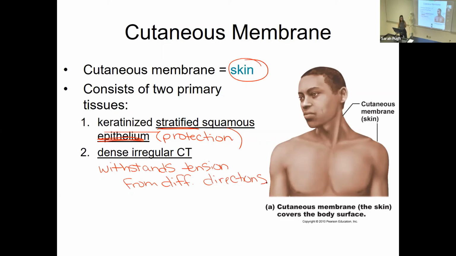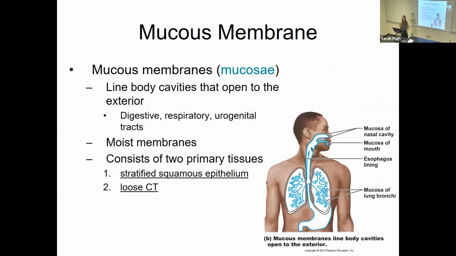Okay, so a dense irregular connective tissue right underneath that stratified squamous epithelium means that now your skin can withstand a lot of tension from different directions. Again, remember, if we put too much tension on it, that second layer can tear. We see it as stretch marks. We're going to talk way more about the skin in chapter 5. So we'll talk more about things like stretch marks and burns and things that can affect your skin.